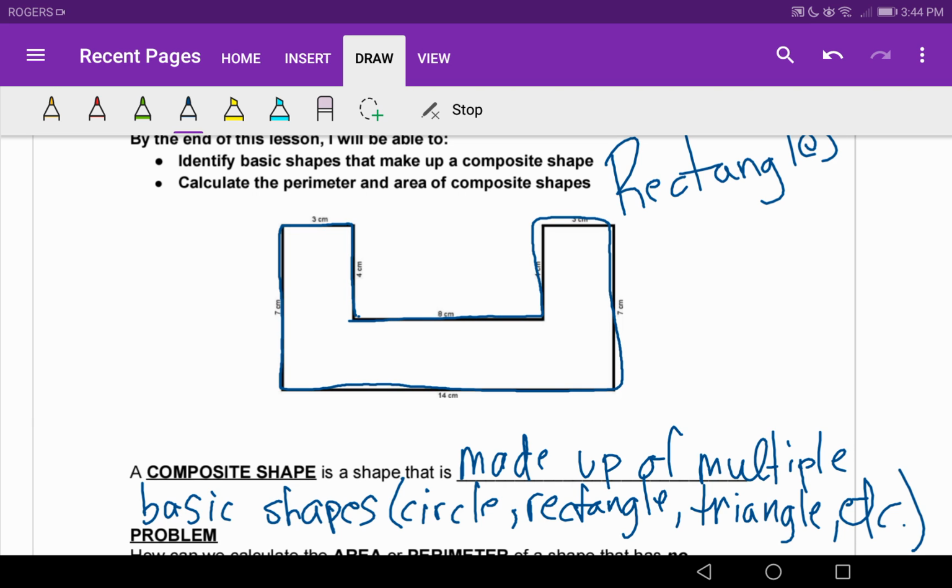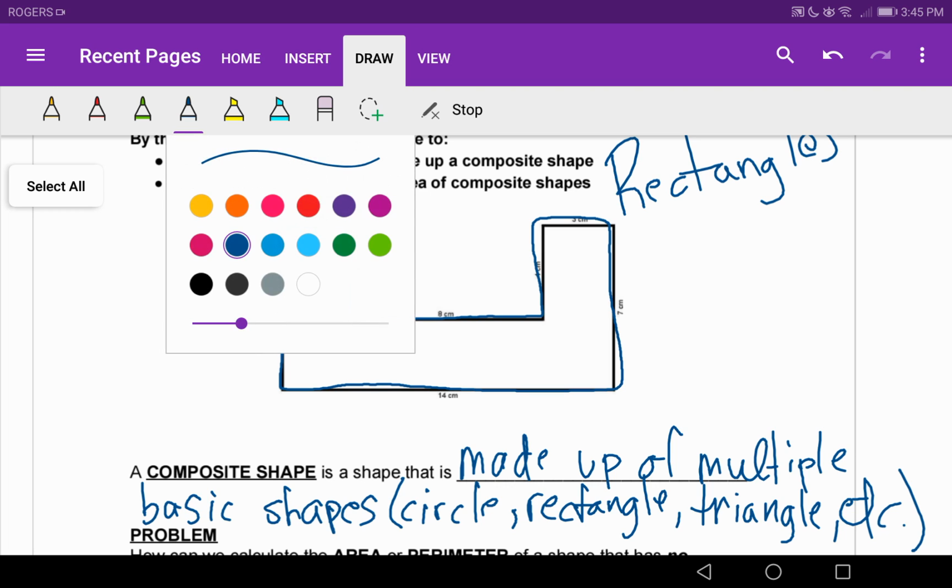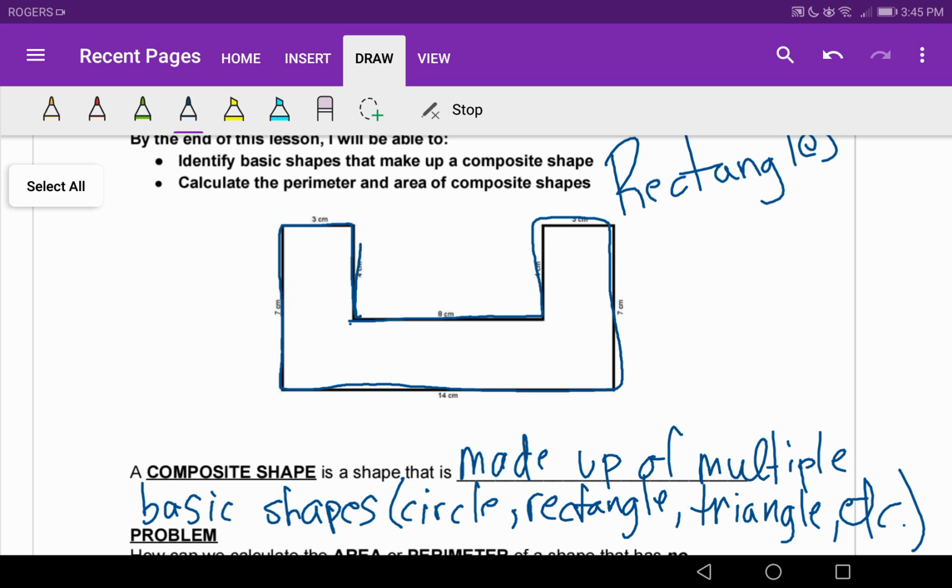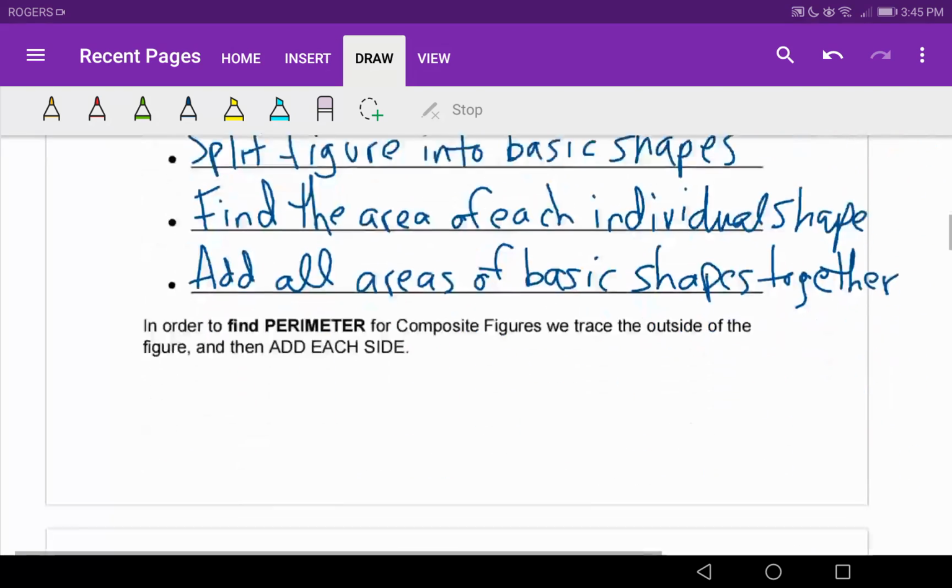No, I don't need to do this. I don't need to break up this shape into different rectangles if I'm finding perimeter. I don't need to do that, okay? Because I'm already given all of the side lengths around the shape. So I can just add those all up to find the perimeter. Okay? So perimeter and area a little bit different there.